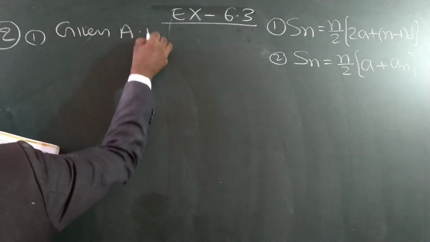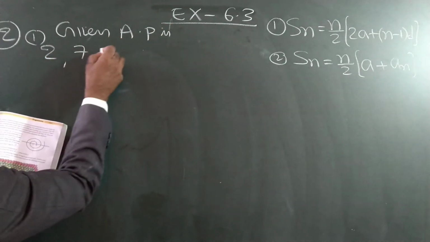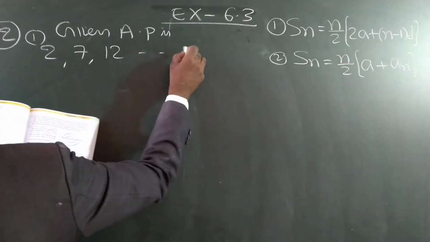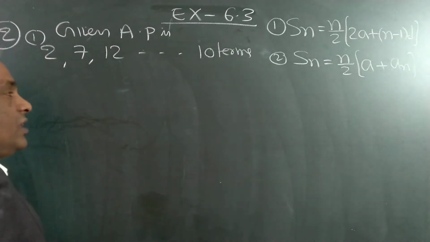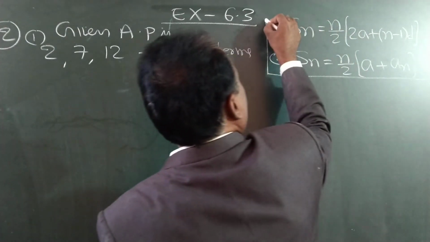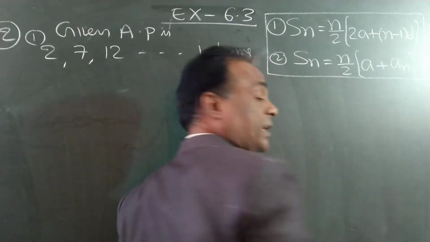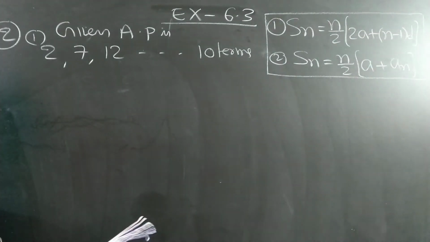Given progression, arithmetic progression, is 2, 7, 12, and so on, 10 terms. This is the given progression. All 3 bits are the same model, so understand the first one, and the second and third you can do.